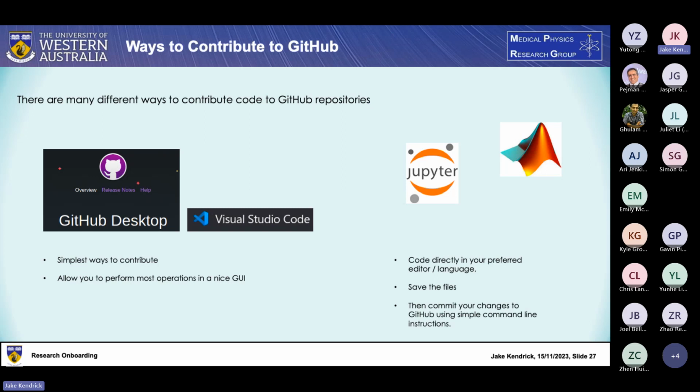It allows you to do pretty much everything that you can do in the command line prompts with a nice graphical user interface. It even has Jupyter Notebook compatibility as well, so you can write all your Python code or whatever code you're writing in your preferred thing, and then upload it straight to GitHub or commit those changes to GitHub.